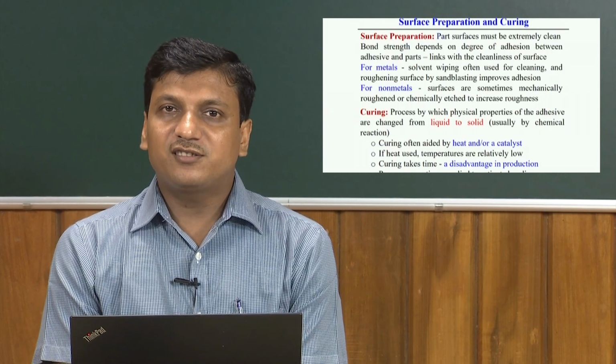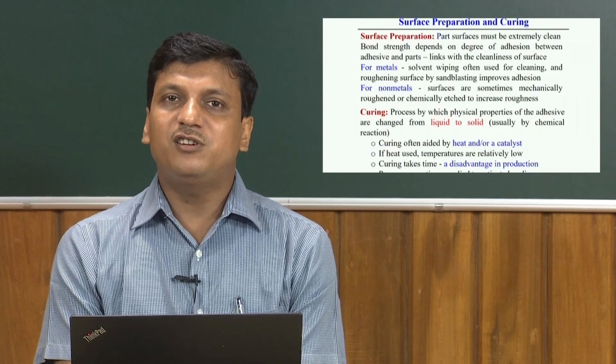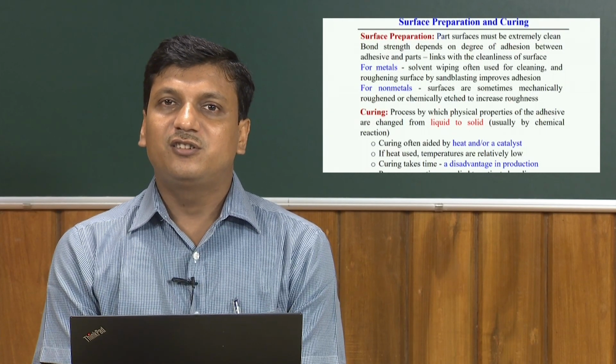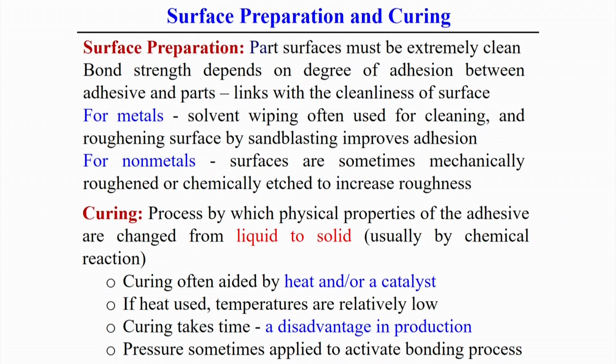Definitely the workpiece surface, like in the fusion welding process, also to get a successful weld joint, it is necessary to clean the surfaces of the workpiece or substrate material before welding. Similarly, here also some surface preparation is necessary to get a successful joint with the application of the adhesives.